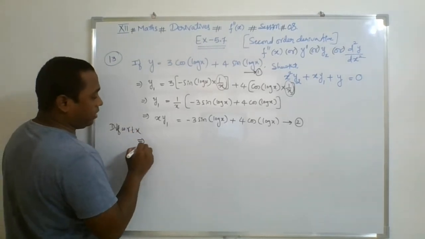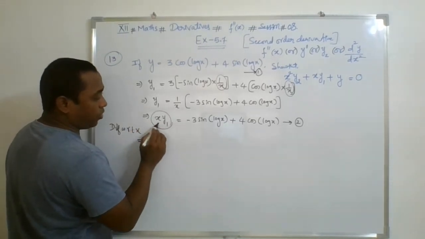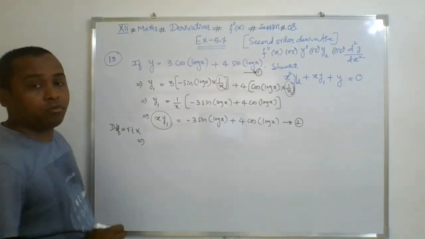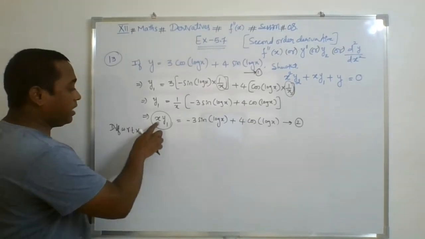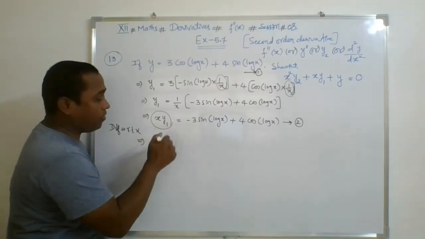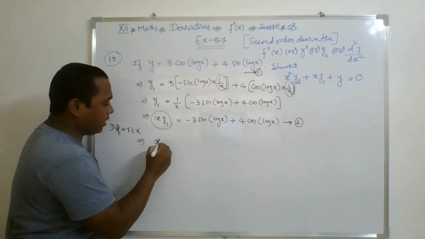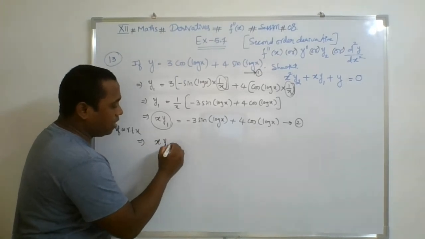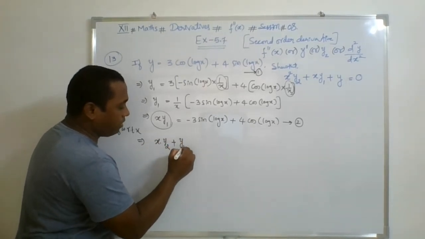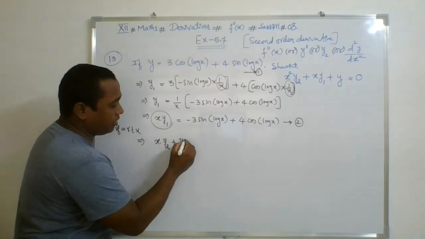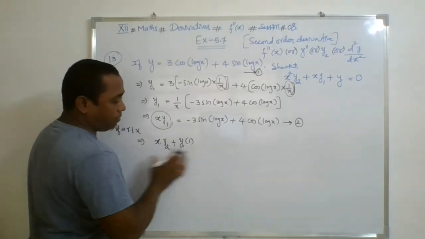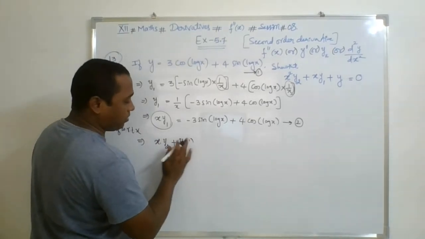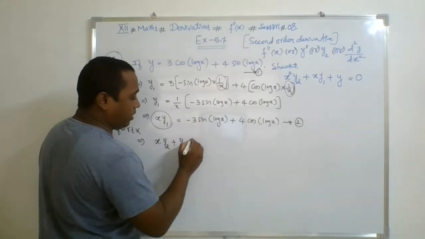Since it is the product of two variables, I can use the product rule over here, that is x into derivative of y1 is y2, and y1 into derivative of x is 1. I have applied the u into v rule directly, so I am going to write 1 even.